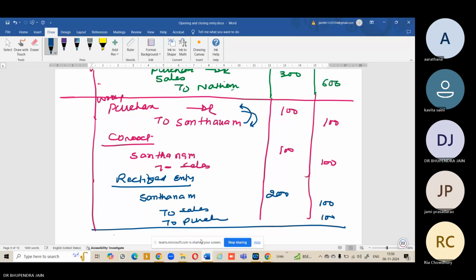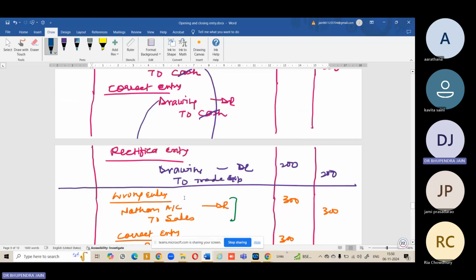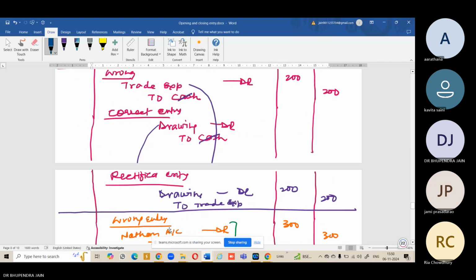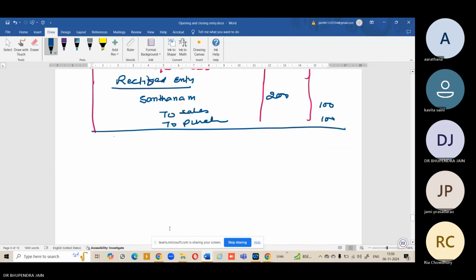Next, entry number 4. Rupees 150 received from Malhotra was credited to the Mehrotra. 150 received from Malhotra and credit to Mehrotra. Okay. 150 rupees.